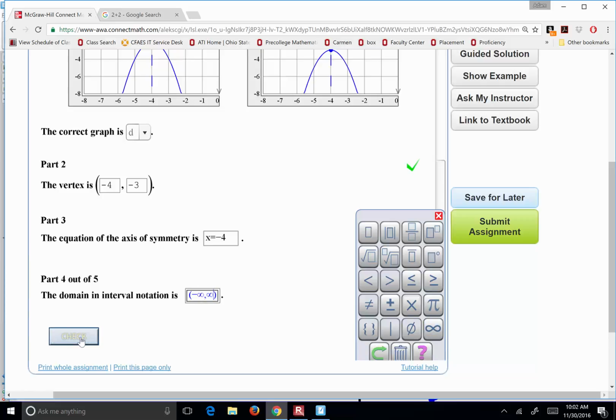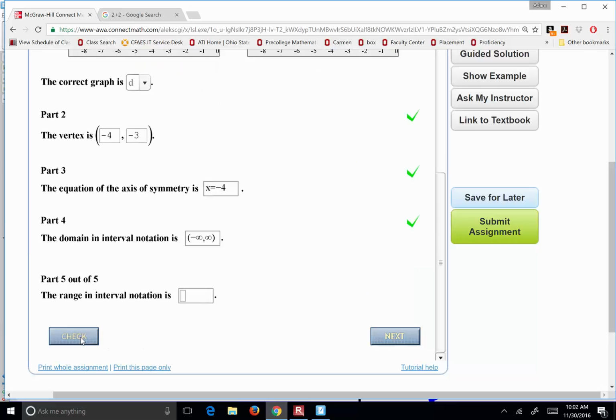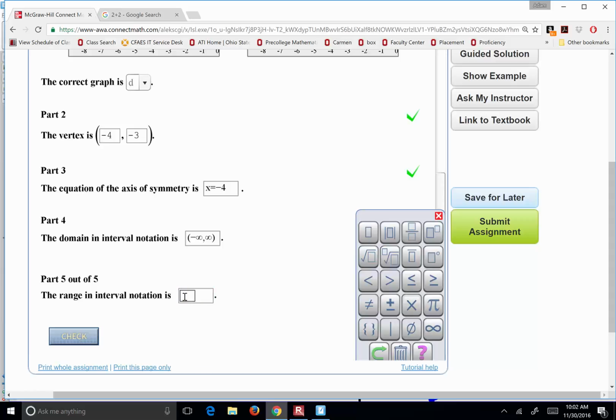Quadratic functions let everybody in. I mean, they allow all x values, so no exceptions. But the range is limited. Negative infinity to the y coordinate, negative 3.